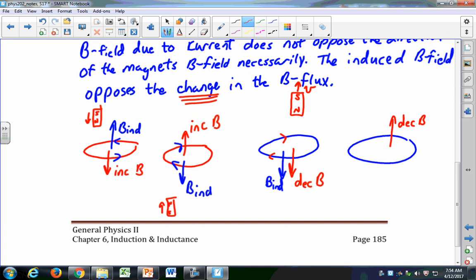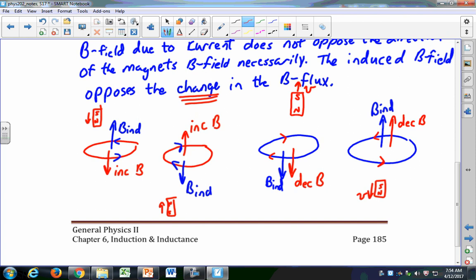That would be the scenario where I have a north-south magnet in this direction but traveling with a velocity away from the coil, causing the magnetic flux to decrease. And then my induced magnetic field will be in the same direction because it's decreasing as the changing magnetic flux. And then that would give me a current that would be in this direction.